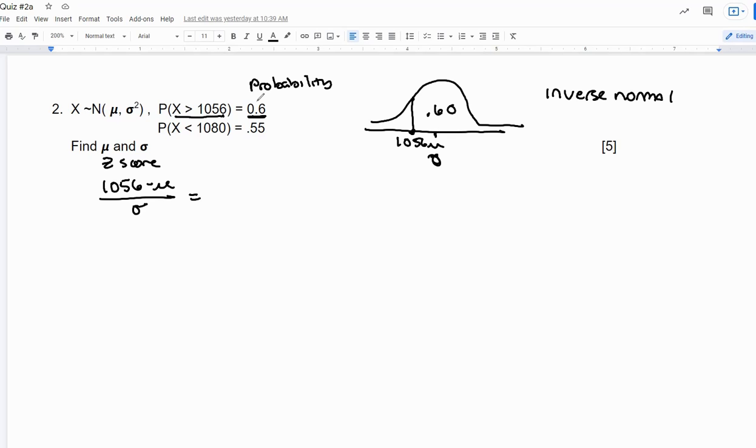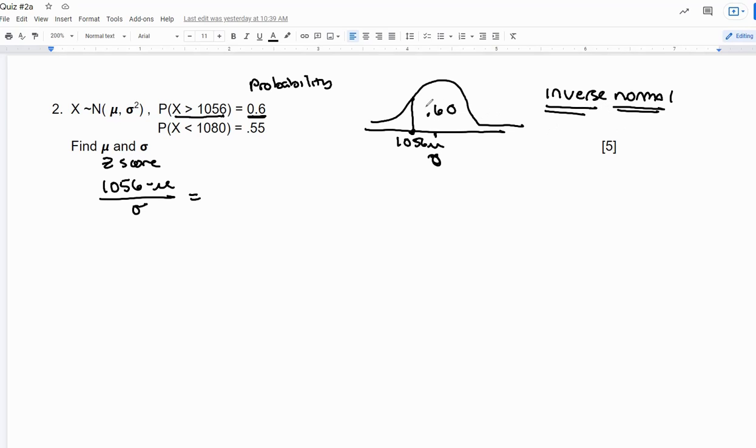In this case, we have a probability. What we want to do is convert it to a z-score. But the other thing you have to remember is that whether you're using tables or the inverse normal, you put in an area and it's going to give you the number right above it.